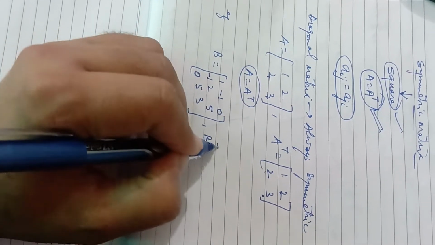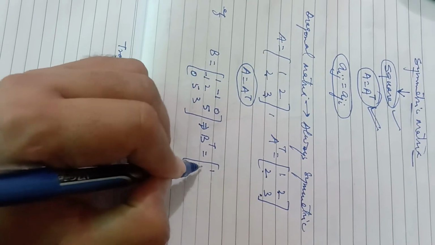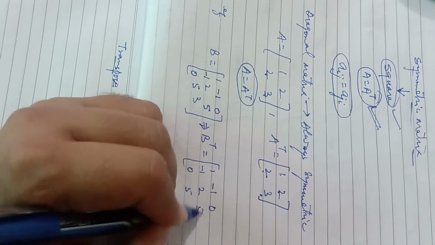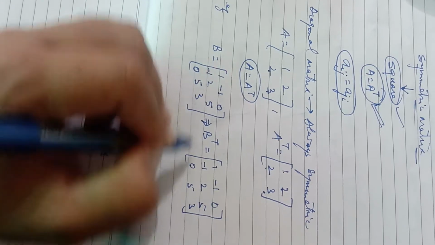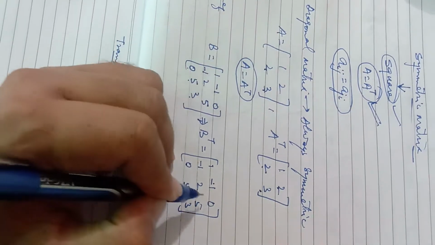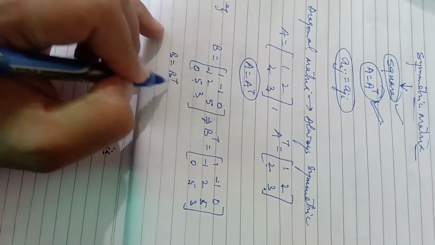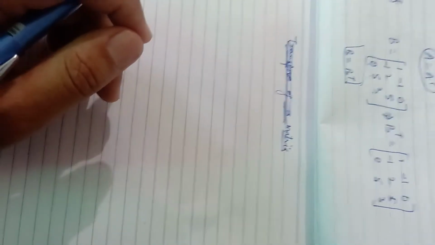Now if you find B transpose, this will be equal to what? 1 minus 1 0, minus 1 2 5, 0 5 3. The first row was 1 minus 1 0, and the first column is 1 minus 1 0. Second row 1 2 5, minus 1 2 5. Third 0 5 3, 0 5 3. Isn't B equal to its transpose? Of course. So this is how you can construct a 3 by 3 symmetric matrix.